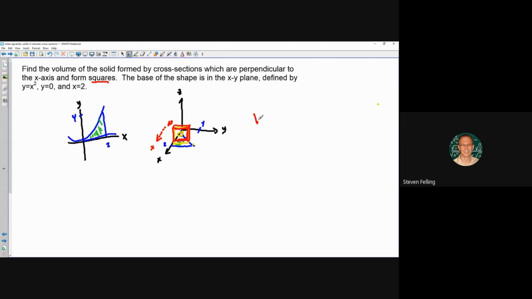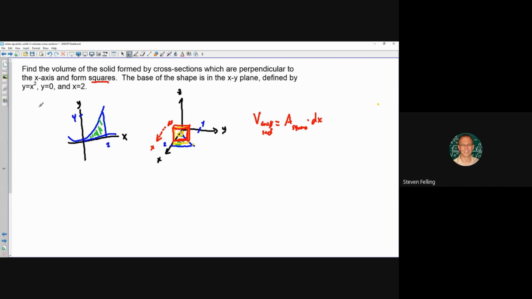So the volume of that cross-sectional area is just going to be equal to the area of that square times dx, right? So if I find the area of this square and multiply by dx, I get the volume of a little box.